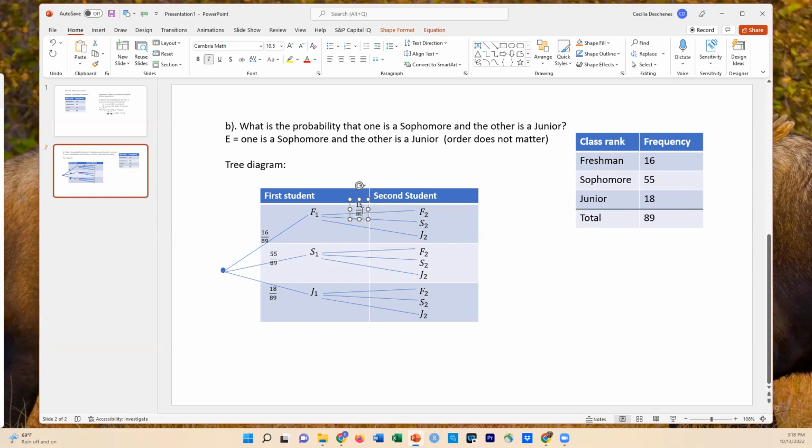So this will be 88. So we have 15 out of 88 here.